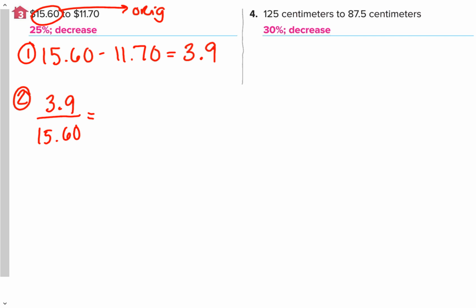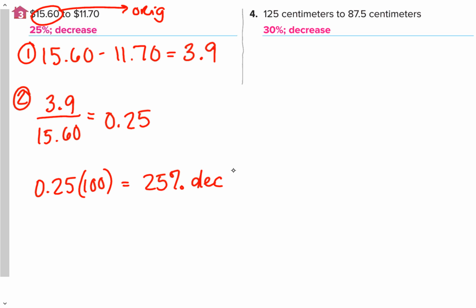Now what you get is 0.25. So let's again multiply 0.25 times our 100. That equals 25%. And if you can see, we went from 1560 to 1170, so that went down. So that's considered a decrease.